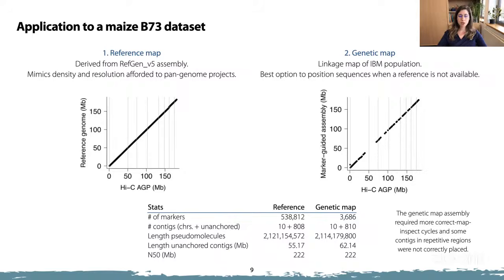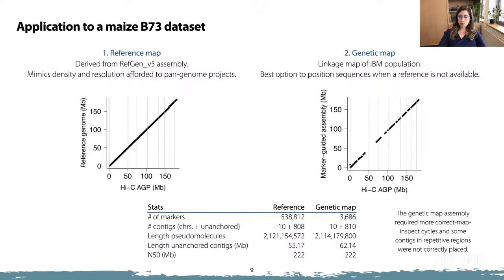In the table, what I would like to highlight is the second row, the number of contigs. We have 10 plus 808 for the reference genome map-based assembly, and 10 plus 810 in the genetic map. This means that we have 10 chromosomes plus a number of unanchored contigs.